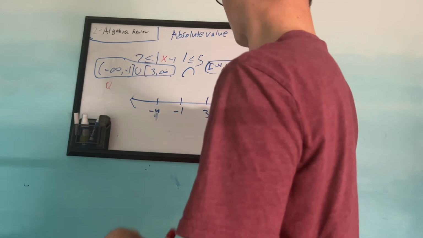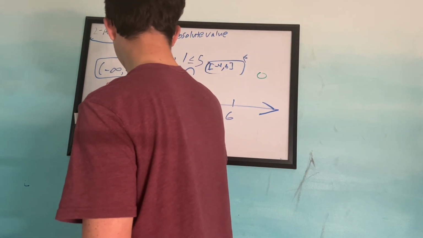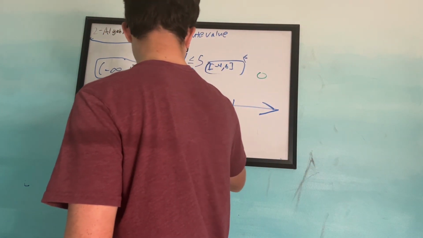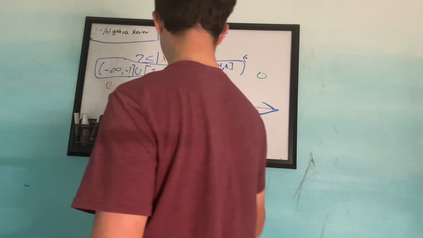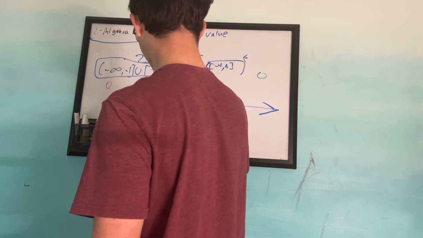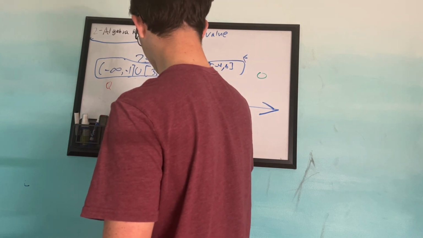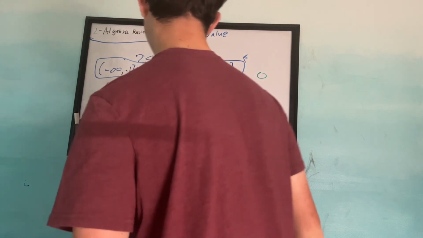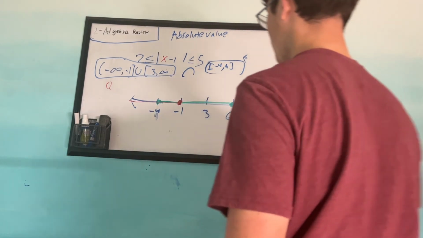First off, we'll do green. Anywhere from -4 to 6. And over here, -infinity to -1, and 3 to infinity.